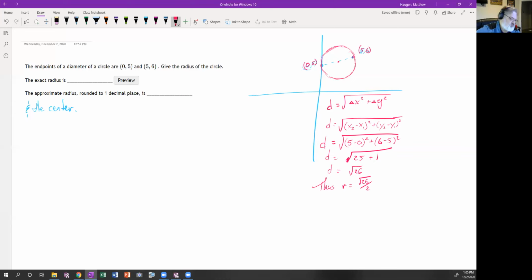All right, so square root of 26 over 2, and what, somewhere around 2.5-ish. Okay, so we can find the radius. What about the center?